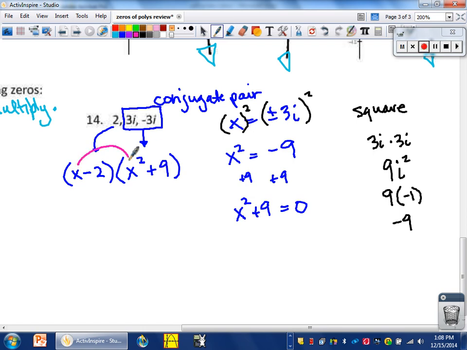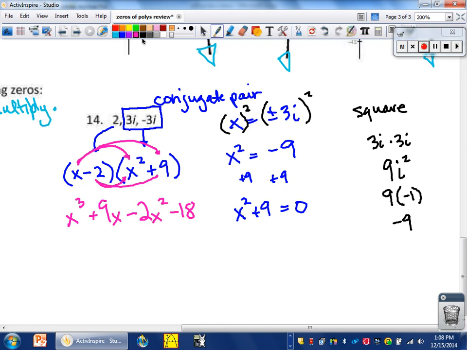So our final thing is to multiply this out. x times x squared is x cubed. x times 9 is plus 9x. Minus 2x squared. Minus 18.